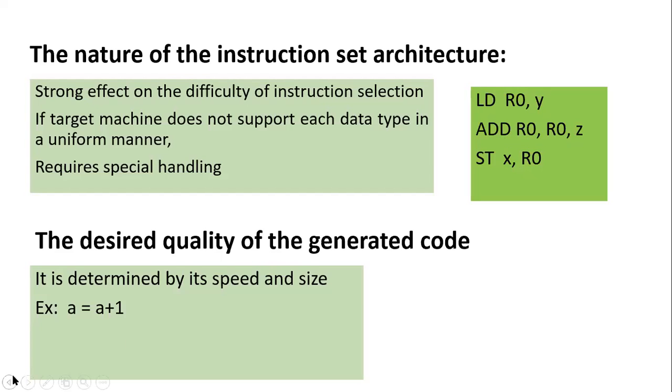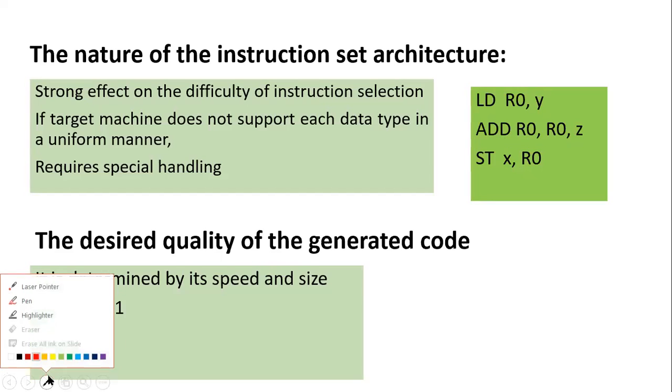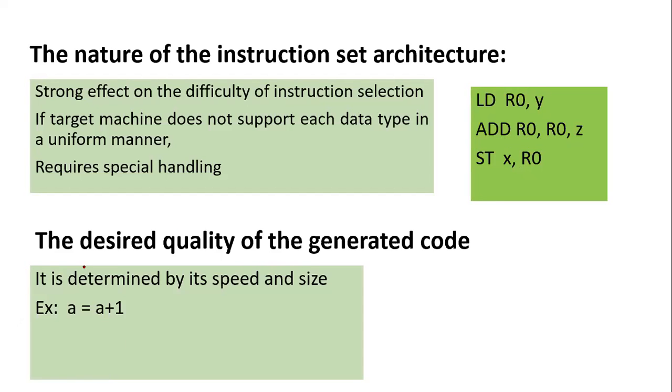If you observe this particular code, it is just like the expression we write, x equals y plus z. Y we loaded and z we added, and the result is transferred to x. Is it not?